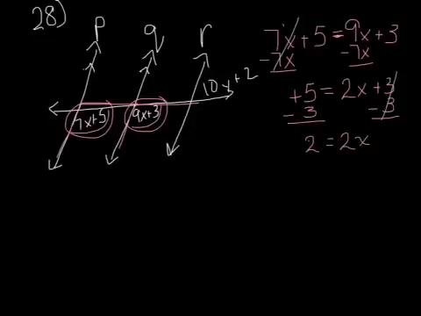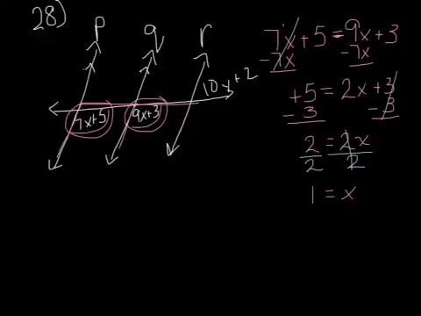Now what? Now I'm going to go ahead and divide by 2. 2 divided by 2 is 1. And then here I have again 2 divided by 2 being 1 equals x. Did that answer my question? No, because my question asks me for what is y.